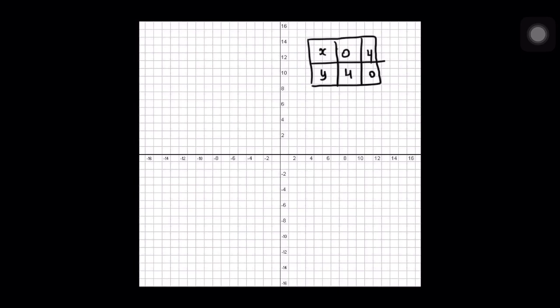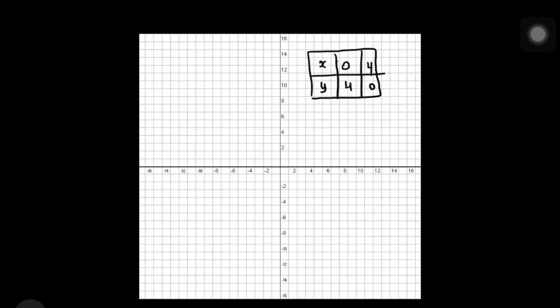We need to draw a graph. So based on these points, the first condition, if x is equal to 0 and y is equal to 4, so this position. The next one, x is equal to 4 and y is equal to 0, this position.